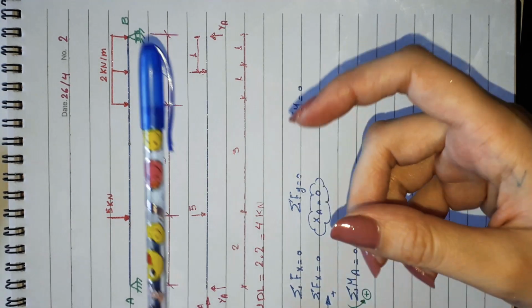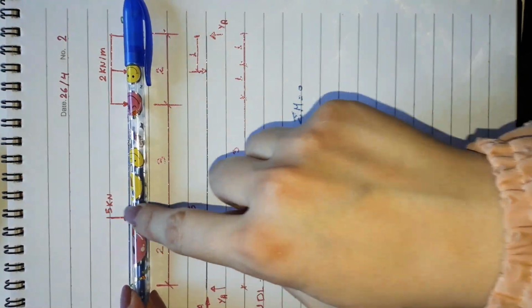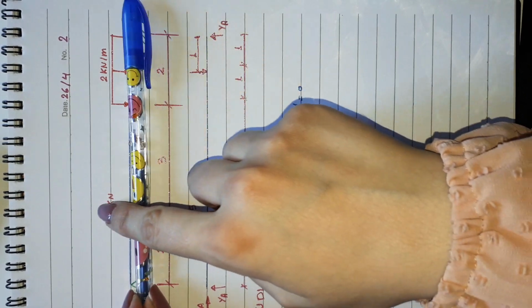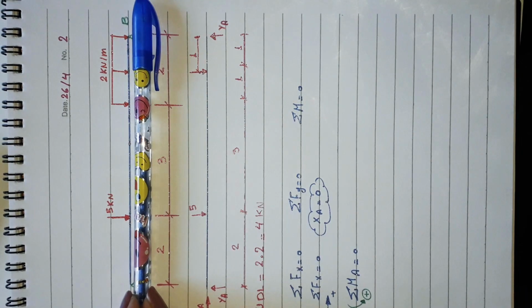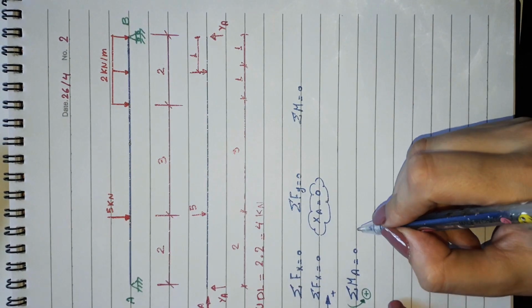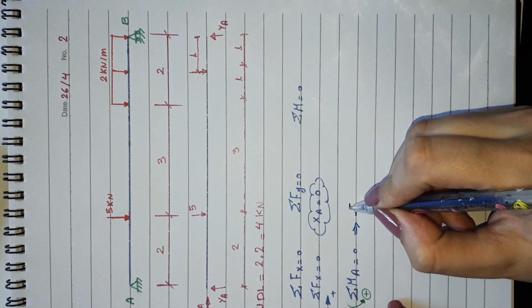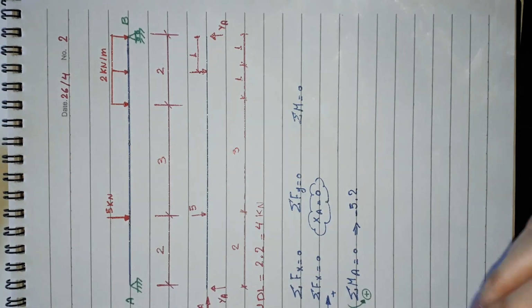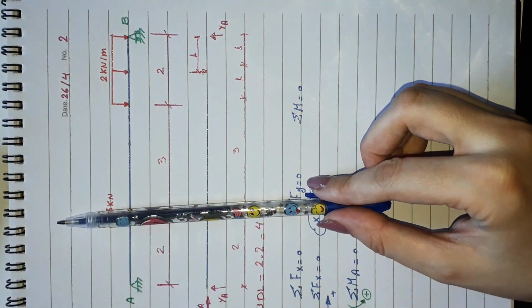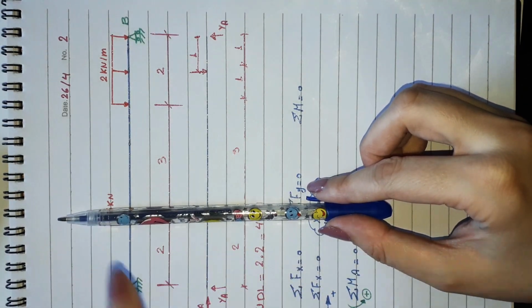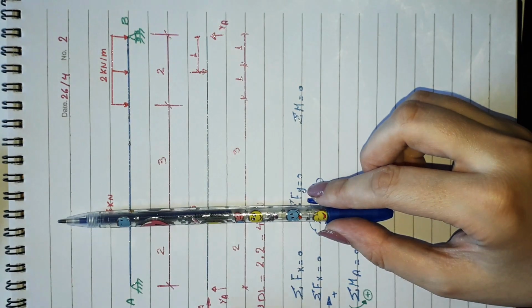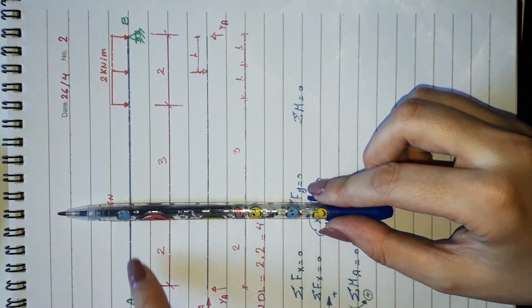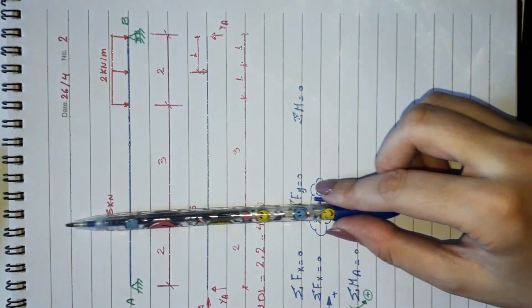So as you see here, the 5 kilonewton makes the beam go clockwise, so the moment is negative. So we are going to write minus 5 multiplied by 2, which is the perpendicular distance between point A and the force.